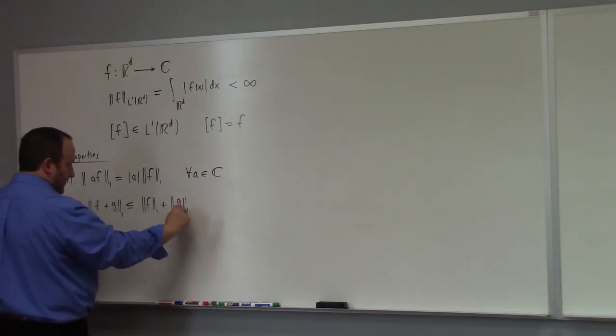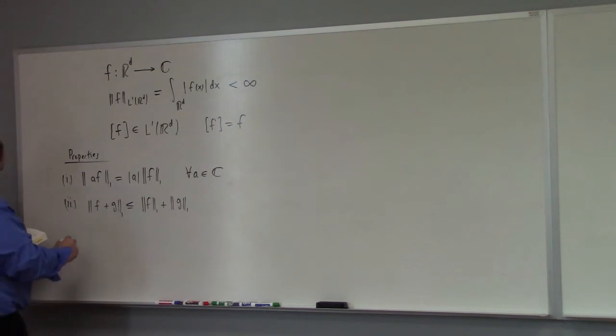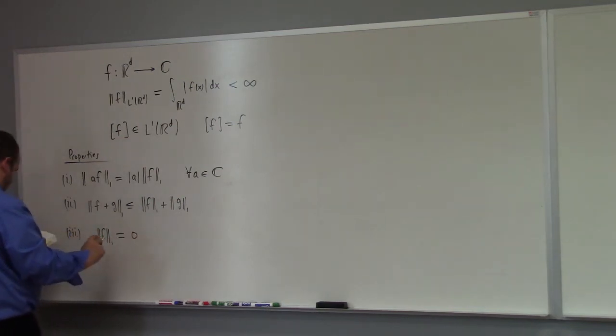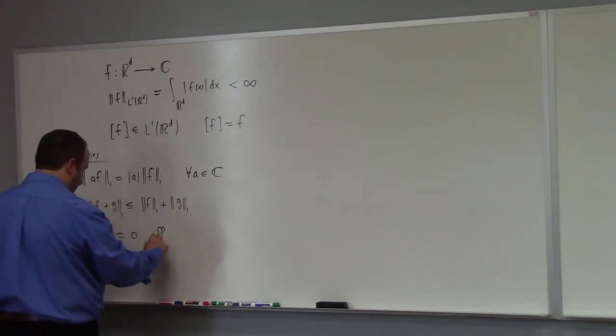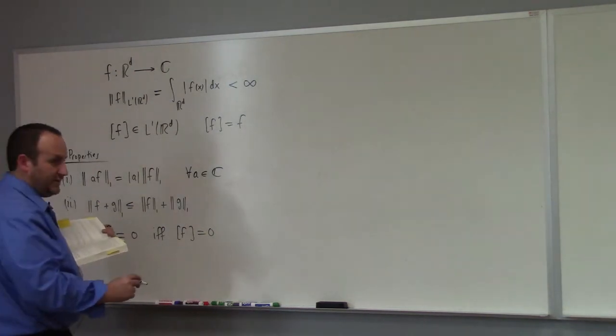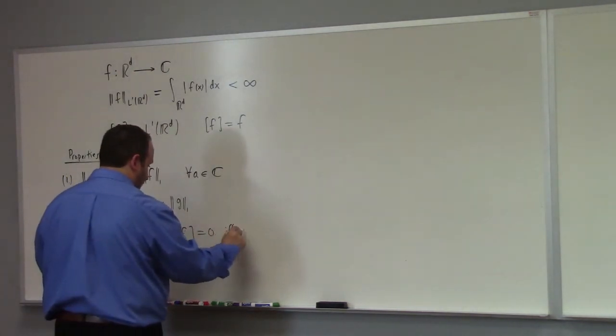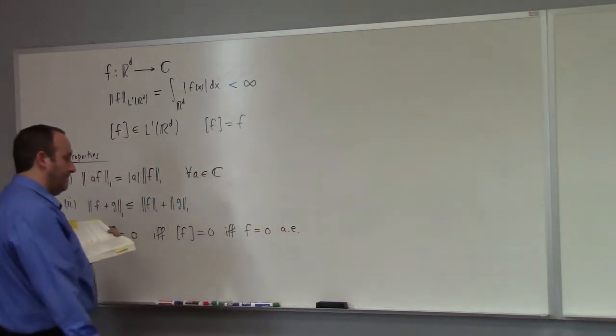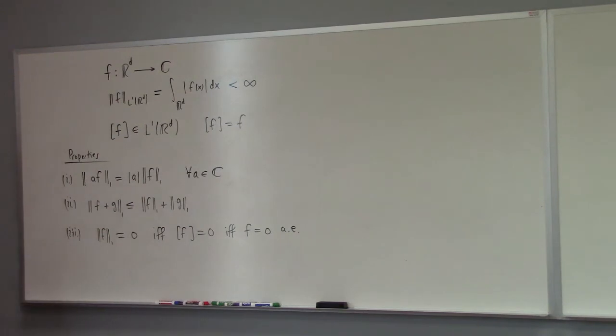Of course, this is our beloved triangle inequality. 3, the norm of f in the one norm is equal to 0 if and only if this is equal to 0, which we could write more concretely in terms of functions, f is equal to 0 almost everywhere, right? So we can either say that the equivalence class is just straight the 0 class, or we could say that the function's 0 almost everywhere.